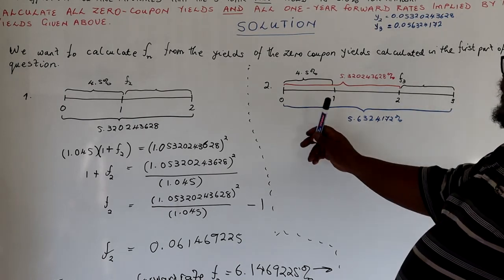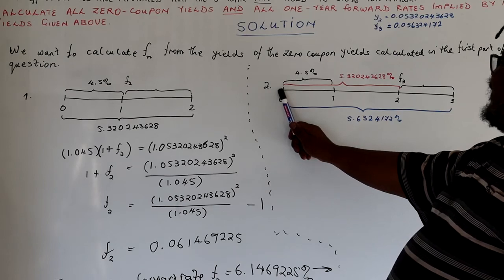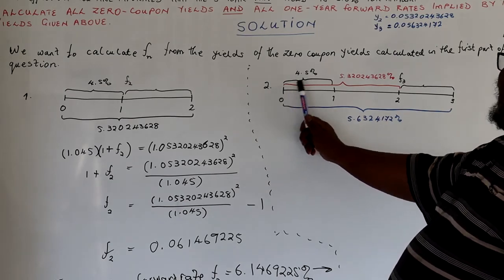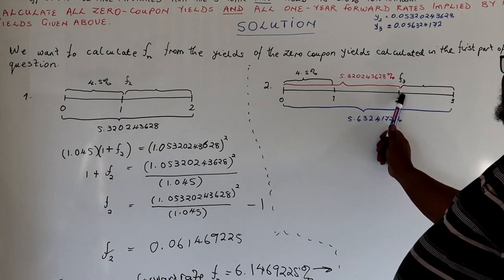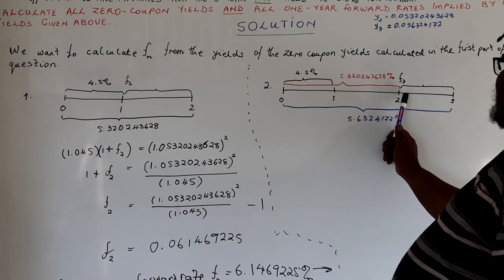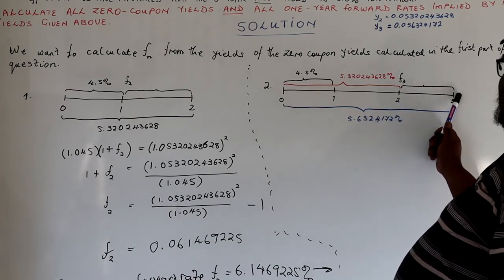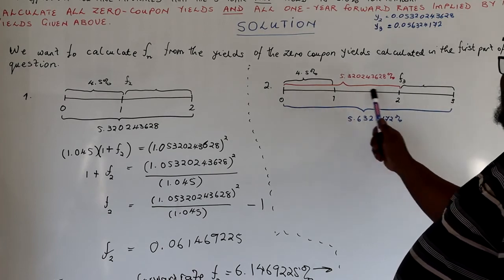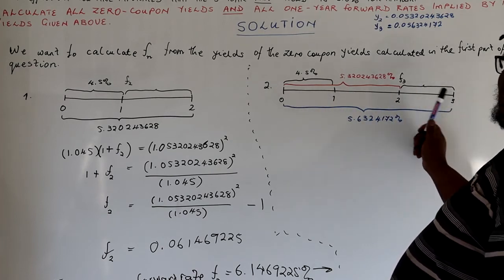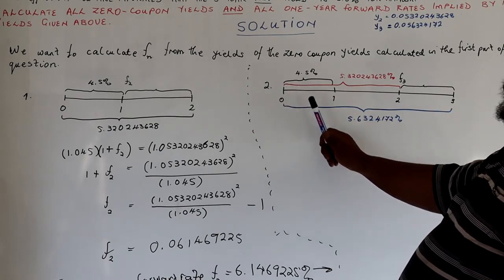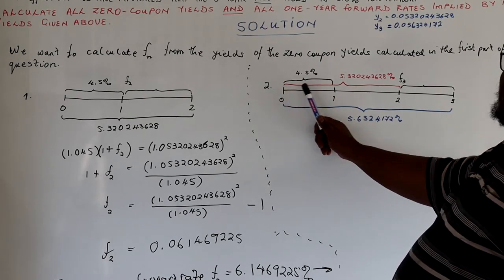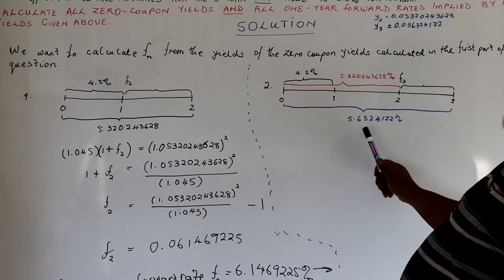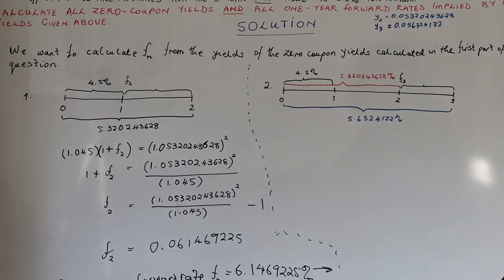So you can start with your investment at 0, apply the 2-year spot rate until year 2, and at year 2 you agree to a forward rate that you will use until year 3, and the future value of this investment should be the same as holding the same investment throughout the whole period and applying the spot rate for the whole period.